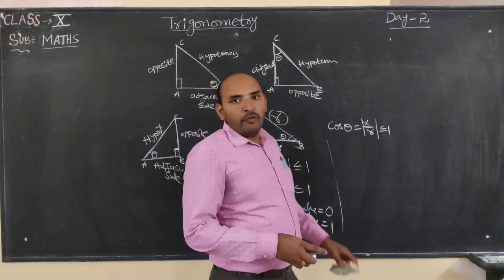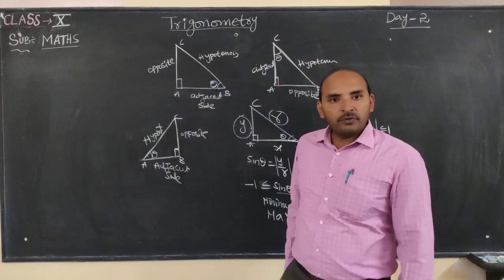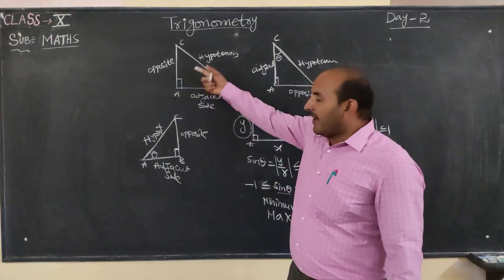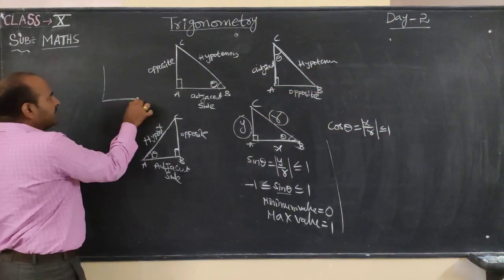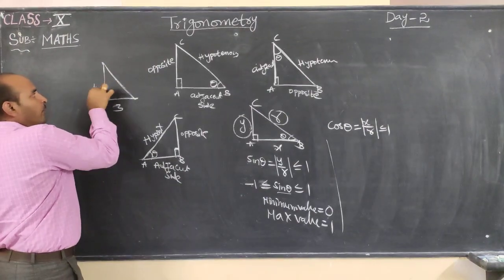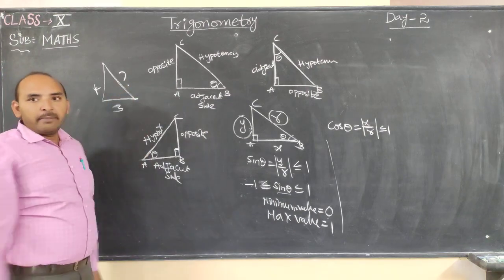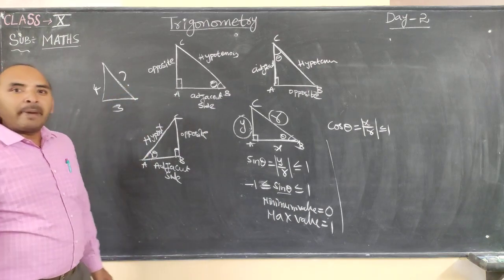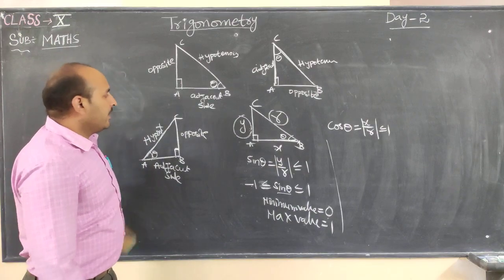And we already know very well, in the right angle triangle, if you know two sides, you can find out the rest of the side. Suppose this side is 3, this is 4. We don't know the value of the hypotenuse side. How to find the rest of the side? By using the Pythagoras theorem. What is the formula?